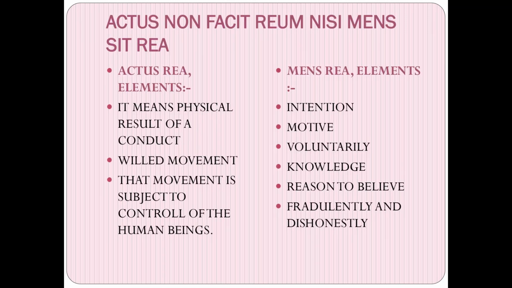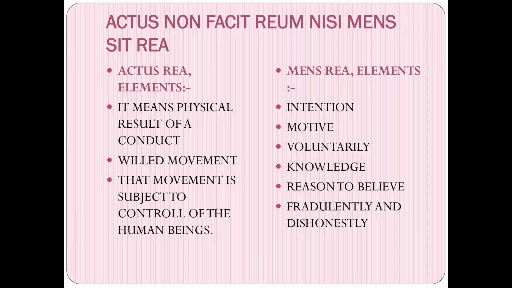The maxim Actus non facit reum nisi mens sit rea has two elements. One is the actus reus and another is the mens rea. Firstly, actus reus means the physical force. That is, when a person intends to commit a crime, he uses some physical force.